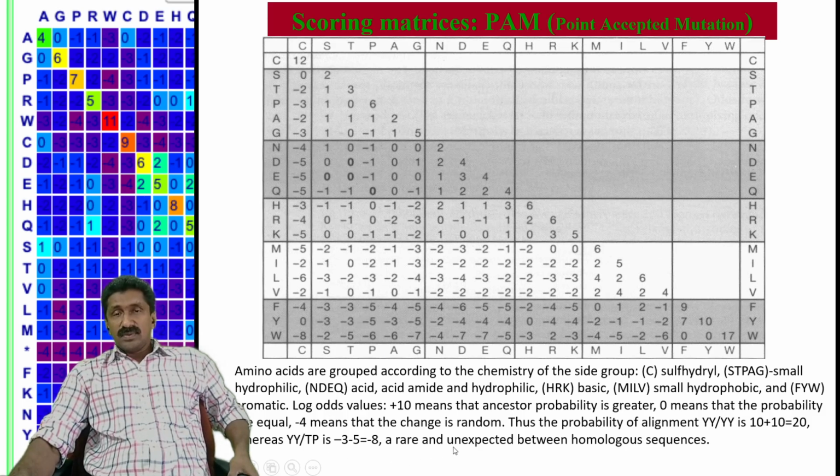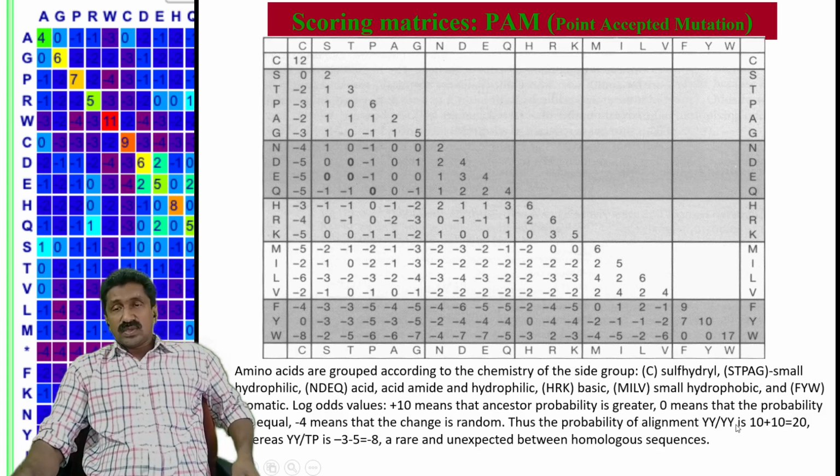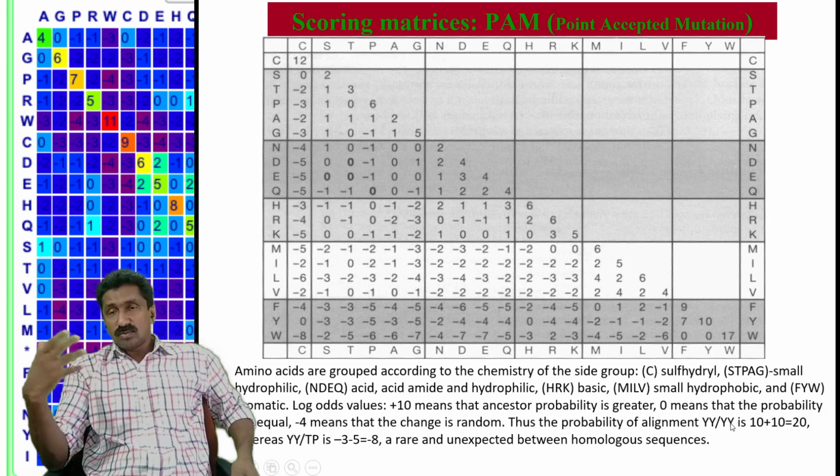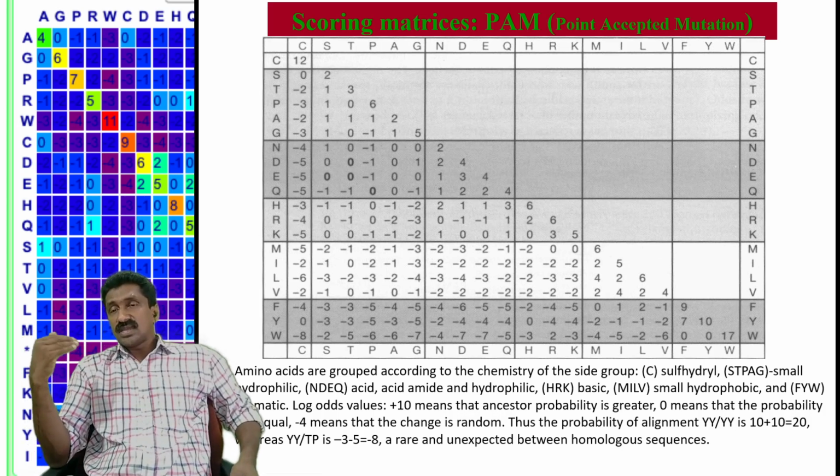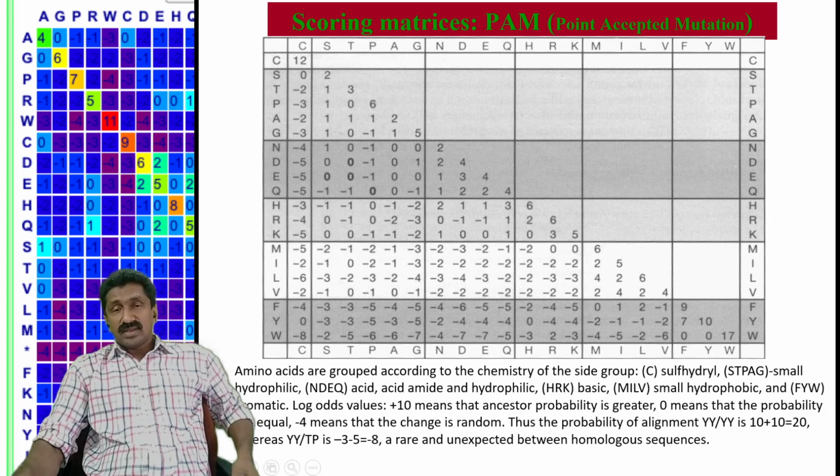So this is a rare and unexpected substitution in homologous sequences. If you compare a sequence, with a high probability you can align YY with YY. The same sequence can be aligned with a high probability because there is not much change. Whereas the probability of finding a replacement of two Y's with the other two amino acids, T and P, will be less; finding such a replacement is a rare probability.